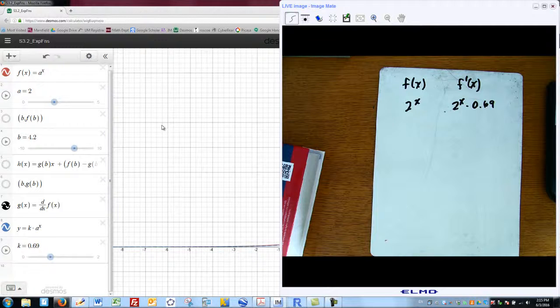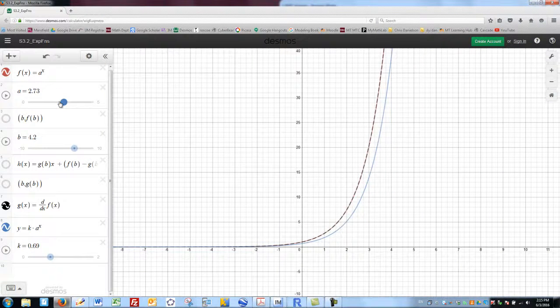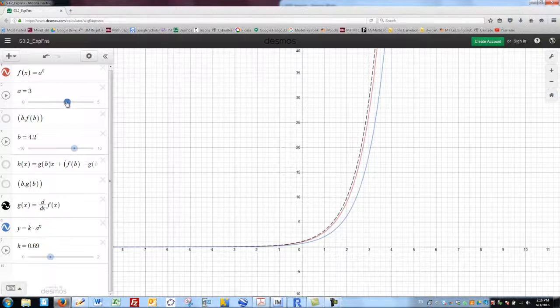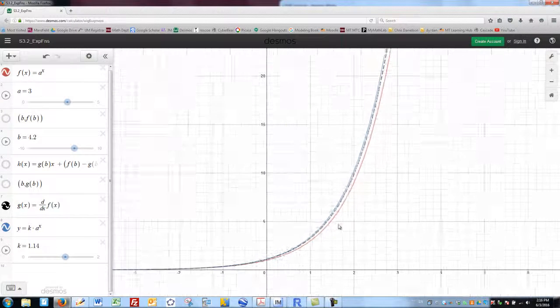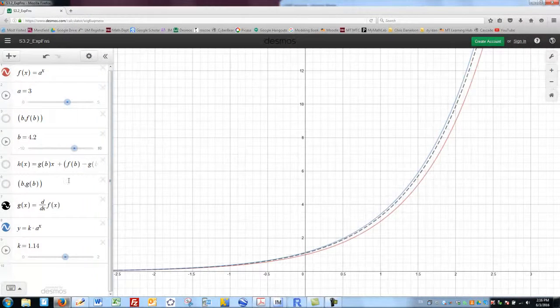Let's bump it up and see if we can play this game again. If we move f of x to 3, the base to 3, what do we get there? I'd probably zoom in a little bit closer here. Moving my derivative function's value of k close here, it looks like it's somewhere in the neighborhood of 1.1.